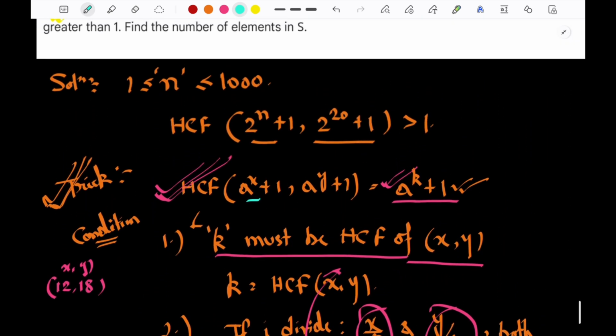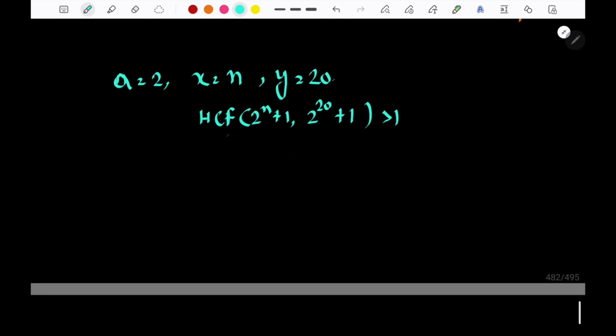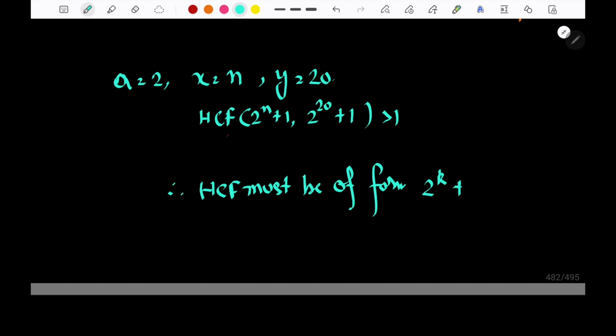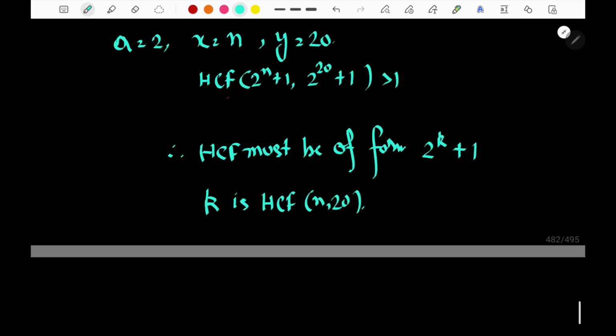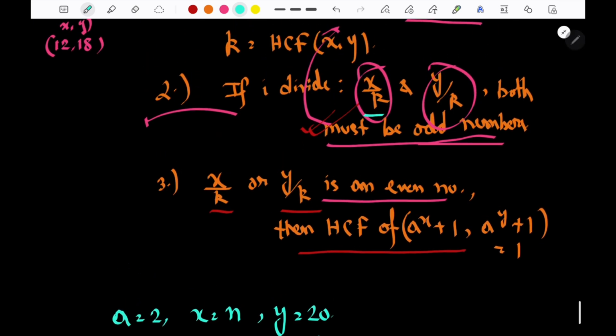It must be of the form 2 to the power k plus 1, where k is HCF of n comma 20. So it means, and the conclusion, see the conclusion, both must be odd.